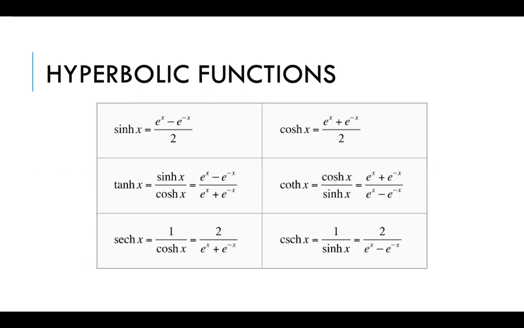Now we will discuss the final differentiation rules, which is hyperbolic functions. So this might sound unfamiliar to you, so I will reintroduce them in case you're not familiar with this. Hyperbolic functions are exponential functions in terms of the exponent e.